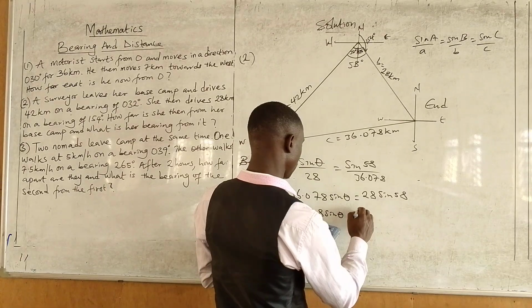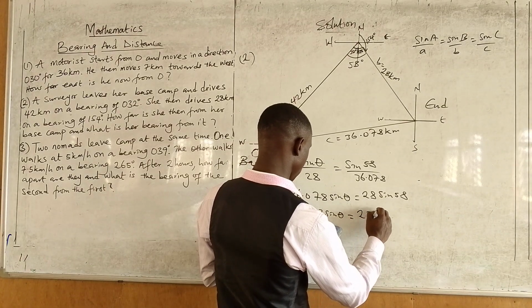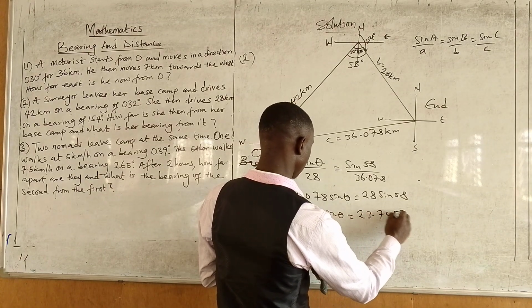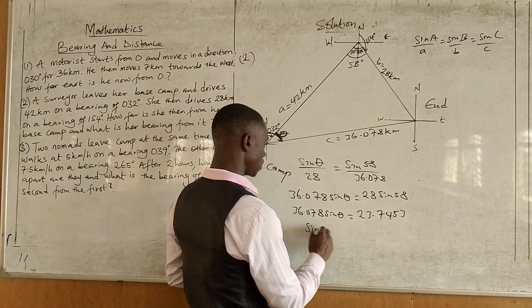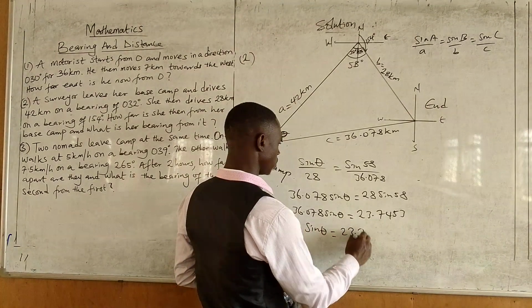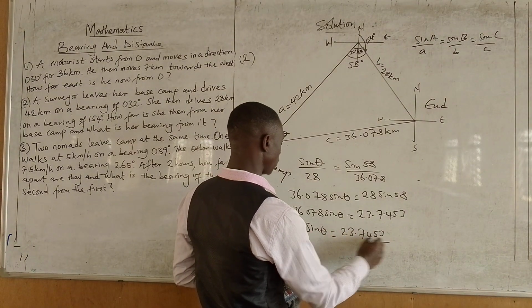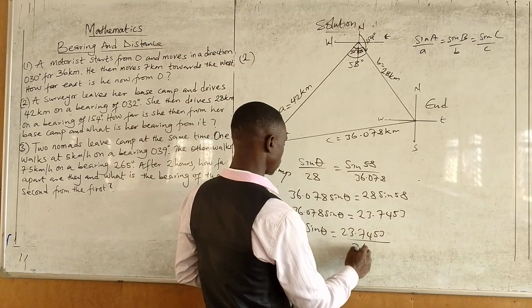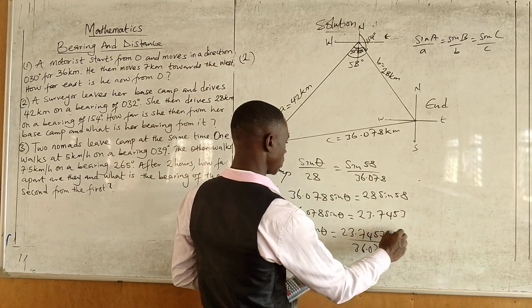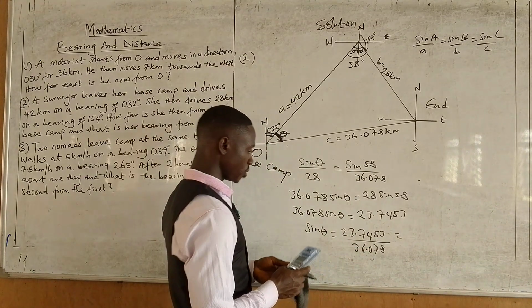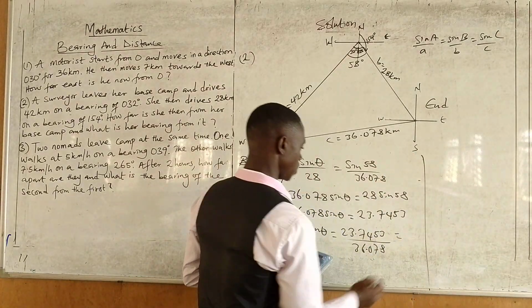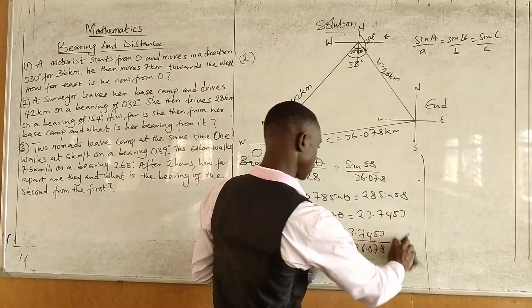That's 23.7453. Sine theta will be 23.753. Divide both sides by 36.078. So what's sine theta?